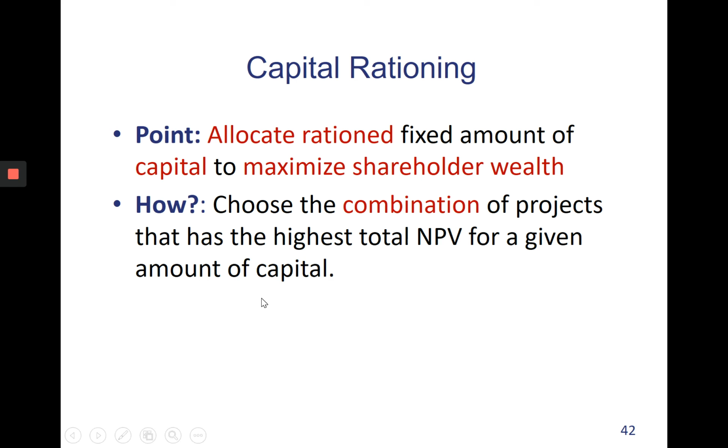Next, let us focus on capital rationing. Capital rationing is a fact of life. Even though most of our corporate finance studies are neoclassical in the sense that we assume that when there is a wealth increasing, net present value positive project, we would be able to get capital because we make money on it.